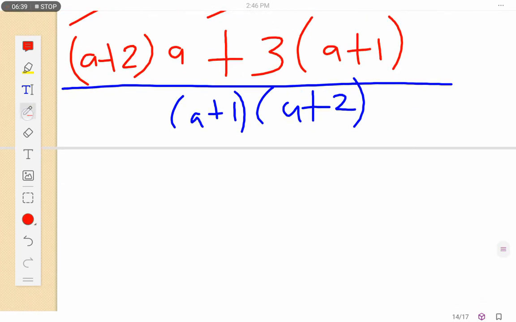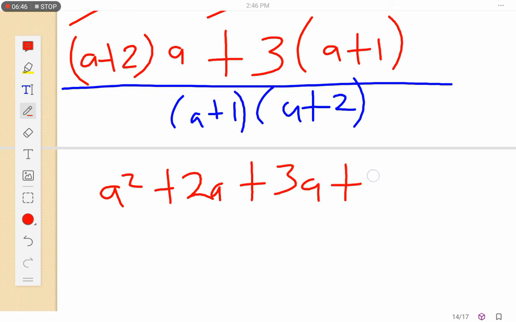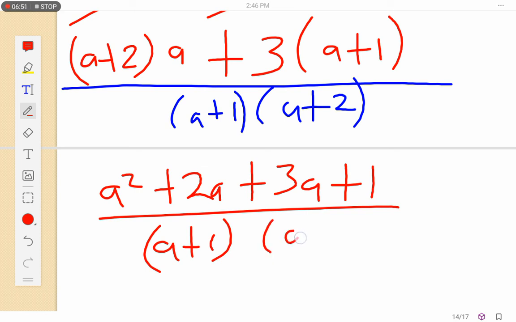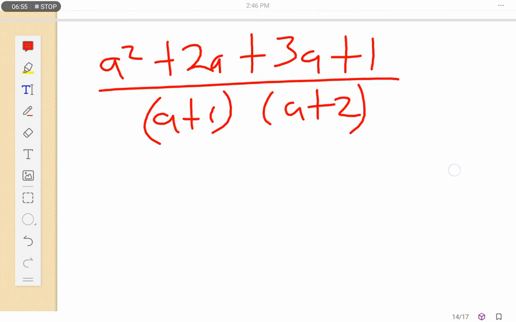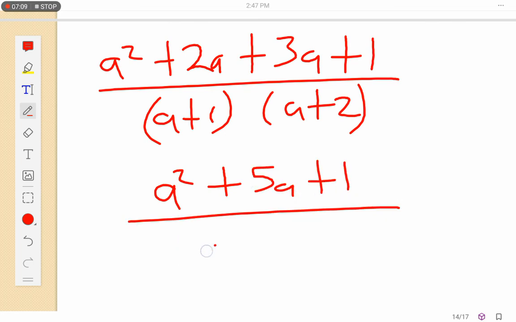Let's simplify. Removing the brackets, I have a squared plus 2a plus 3a plus 3, over a plus 1, a plus 2. Let's simplify the numerator: a squared plus 5a plus 3 over a plus 1, a plus 2.